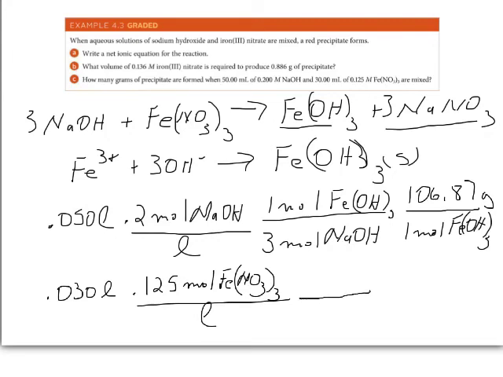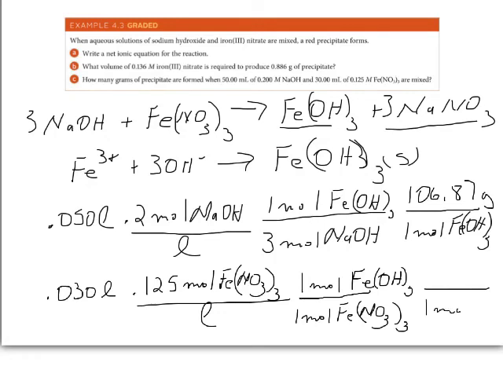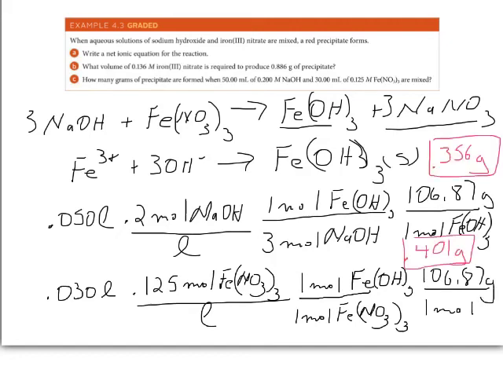And for every 1 mole of iron 3 nitrate, I get 1 mole of iron 3 hydroxide. And again, this is 1 mole, and it's 106.87 grams. Alright, so I'm just going to pause for a second and multiply these out.